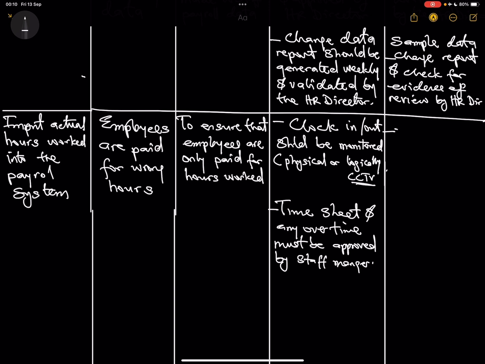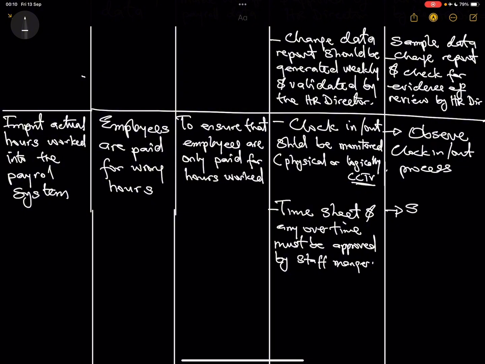So what auditors need to do for this one is to just observe that process to see how they are clocking in and clocking out. So observe the clock in or clock out process. Be sure that someone is monitoring it or there is CCTV monitoring staff.